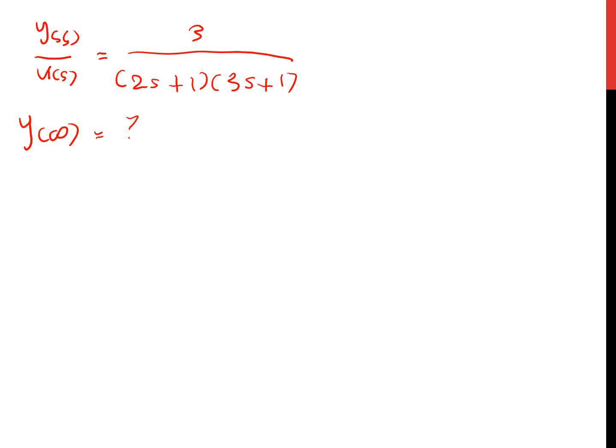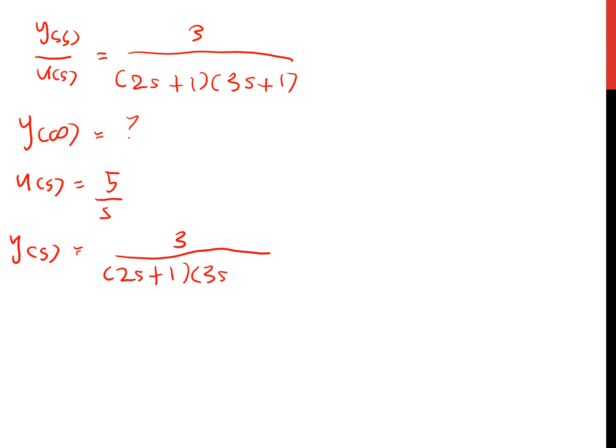Here by the final value theorem, first we need to have U(s). Let's say U(s) is given as 5 over s based on the step input. That means your Y(s) equals 3 over (2s plus 1)(3s plus 1) multiplied with 5 over s.